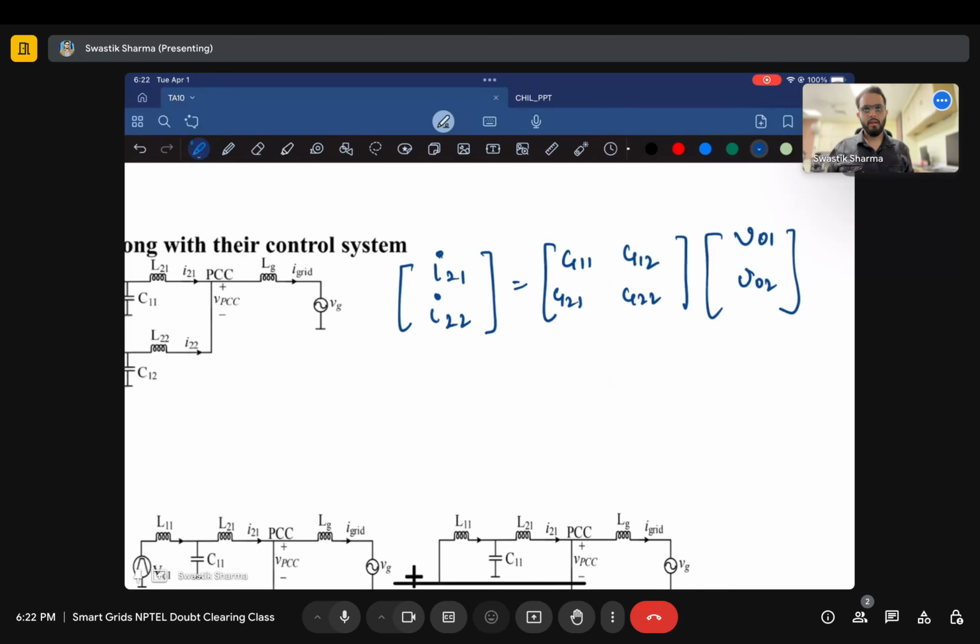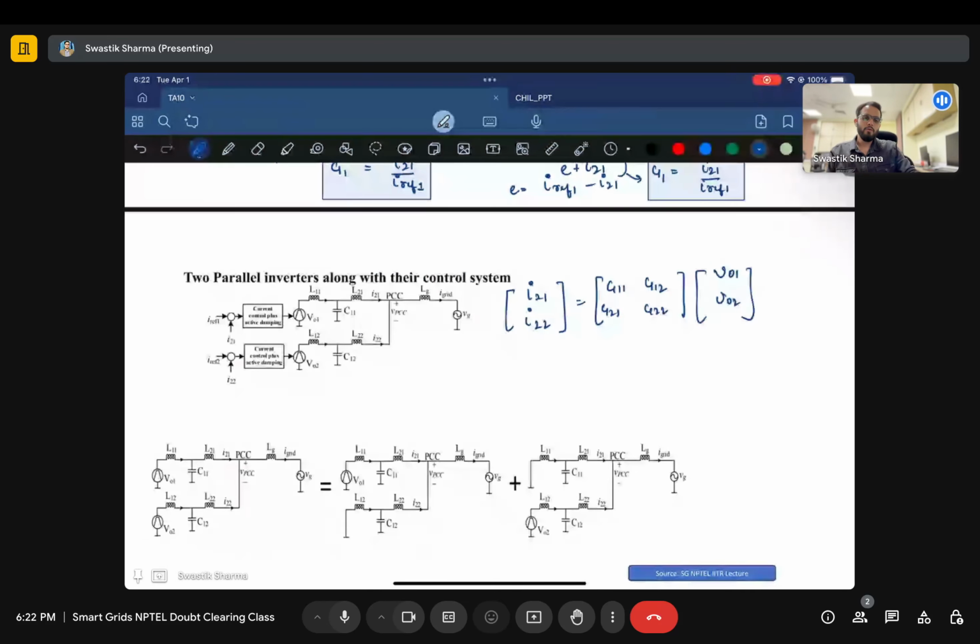So we have an open loop function. These are the open loop transfer functions of the plant.